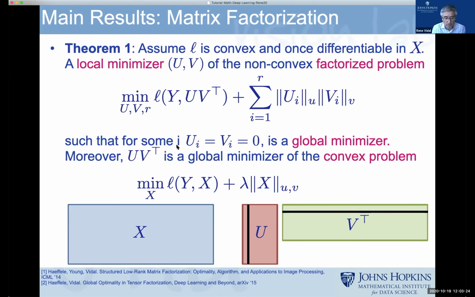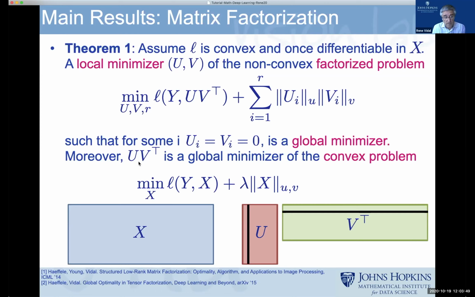such that for one column I, the column of U and the corresponding column of V are both identically 0. So if you find a local minimum that has one column that is equal to 0, as highlighted here by the black, then that is a global minimum of that non-convex problem.